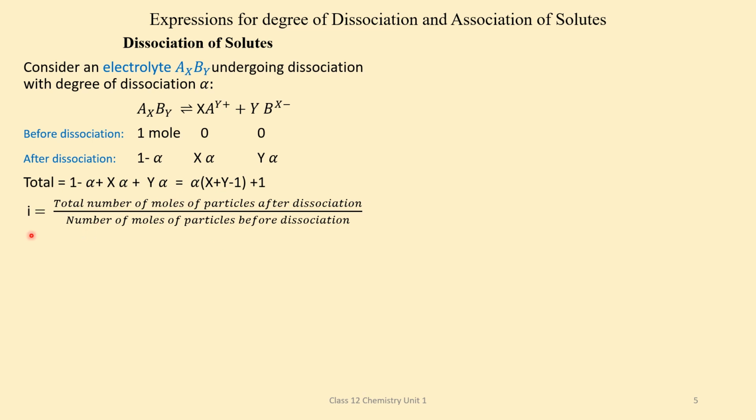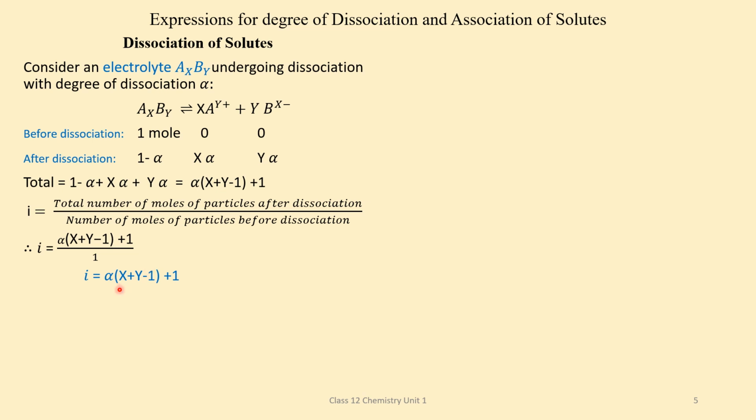So by definition, i is equal to the total number of moles of particles after dissociation divided by the number of moles of particles before dissociation. That becomes i equal to alpha into (x plus y minus 1) plus 1, divided by 1. 1 was the number of moles before dissociation.